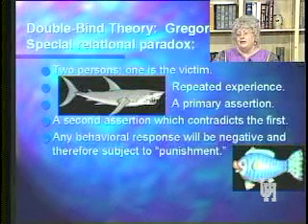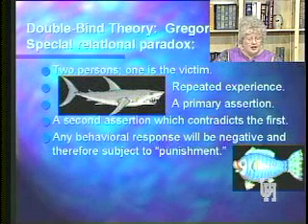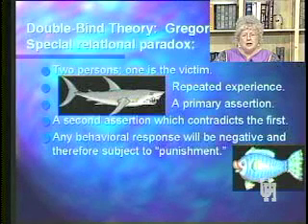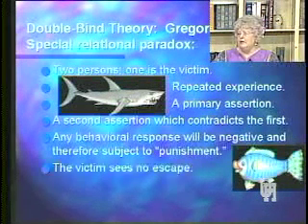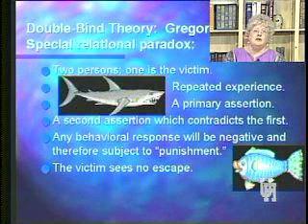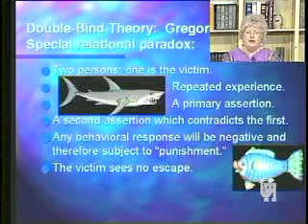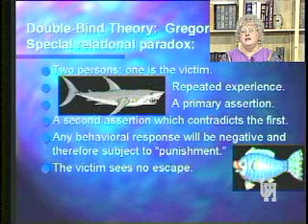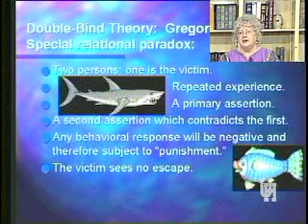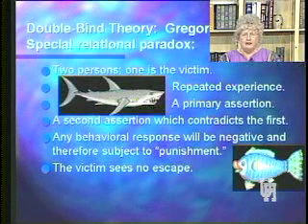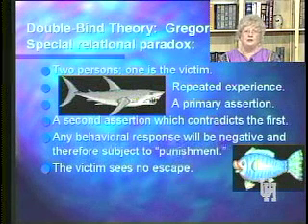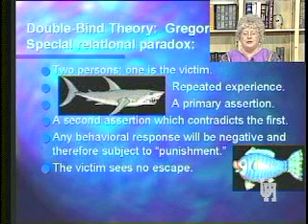And what's happening is that you get the person set up so that there's no correct response. No matter what you do, any behavioral response is going to set you up for punishment. Okay? And so the victim sees no escape in this particular situation. It's either the frying pan or the fire. A catch-22. We've got different labels for that.